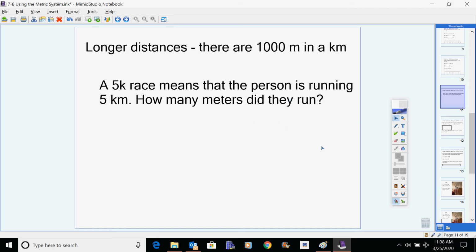Okay, longer distances. For example, it's not always going to be convenient to talk about how many meters it is to drive to a certain place, to the grocery store or wherever you're driving. In our country, we usually say how many miles that is.